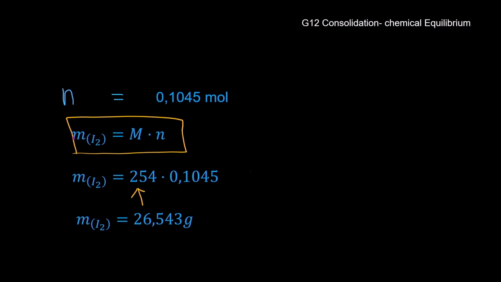We multiply it by the number of moles that we have calculated, and we end up with this answer. So the mass of iodine molecules involved in this equilibrium reaction is 26,543 grams. That was a massive question.